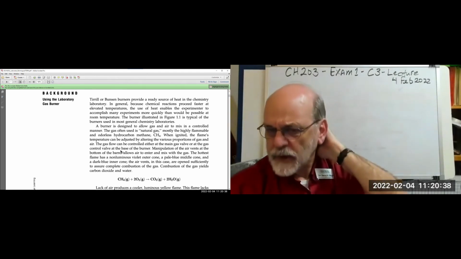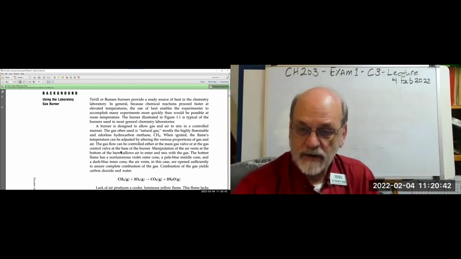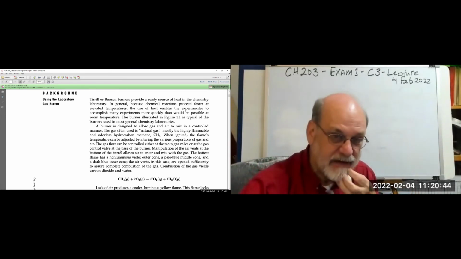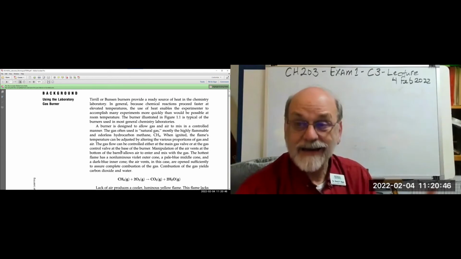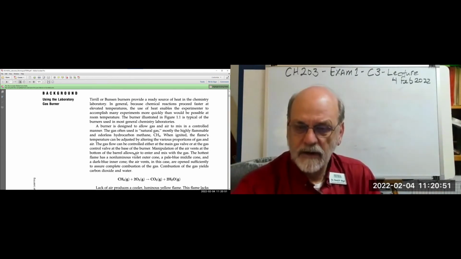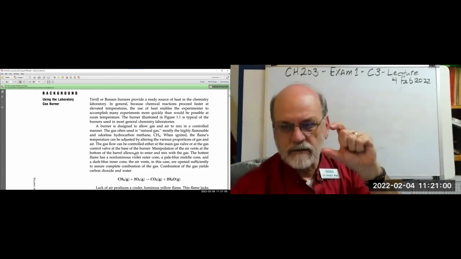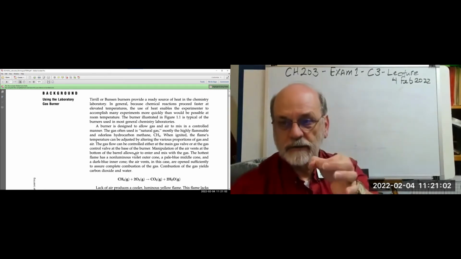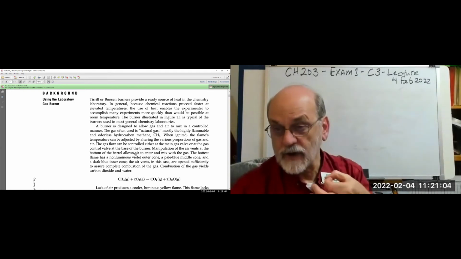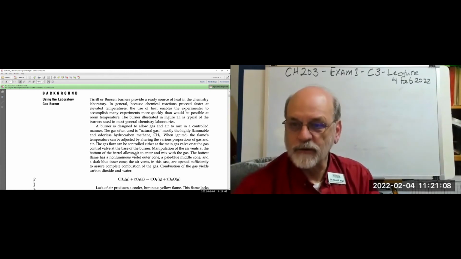That's why we generally use hot plates now if we need a heat source and we're not in a big hurry, and we don't need high temperature. We'll use a hot plate because it's safer. But sometimes you do need that concentrated heat source. For instance, if we have a substance in a little ceramic crucible and we need to heat it up to a high temperature, you can't do that on a hot plate. You need an open flame.